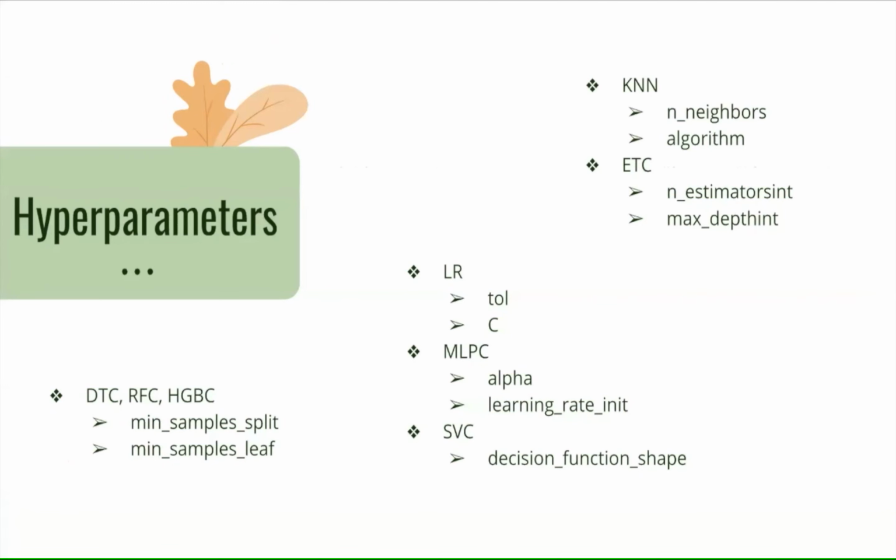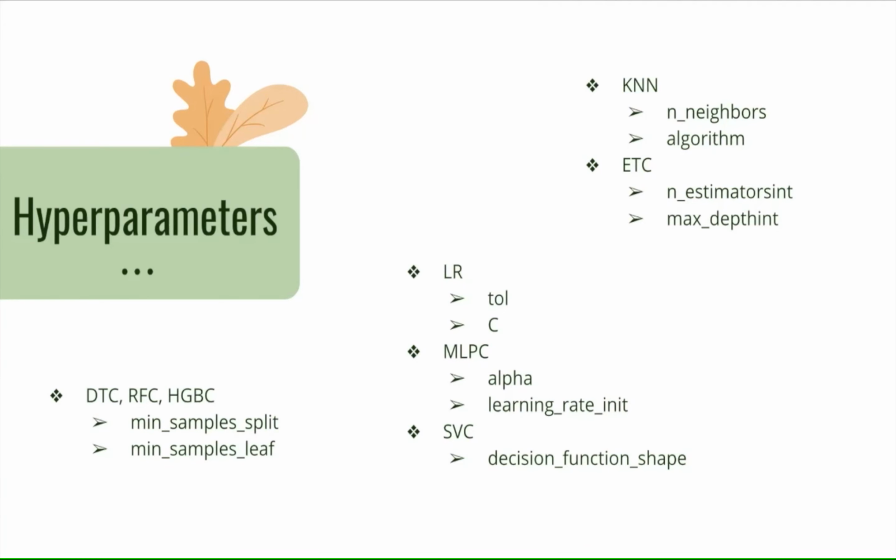We adjusted the minimum number of samples required to split an internal node and required to be at a leaf node. For logistic regression, we fine-tuned the tolerance for stopping criteria and the inverse of regularization strength. As for the multi-layer perceptron classifier, we adjusted the regularization term parameter and the initial learning rate used, which controls the step size in updating the weights.